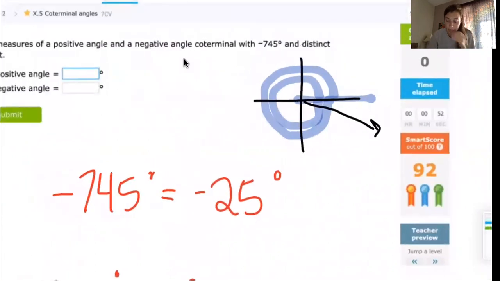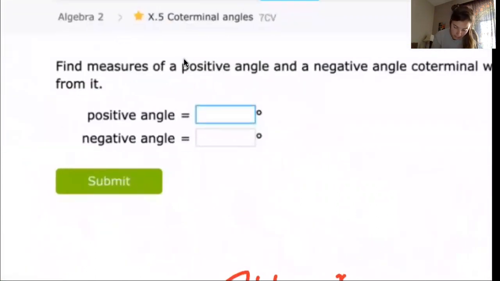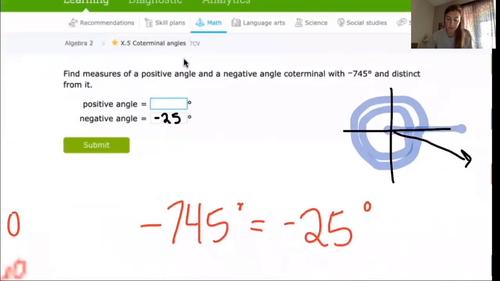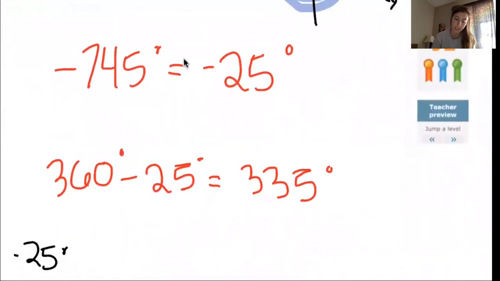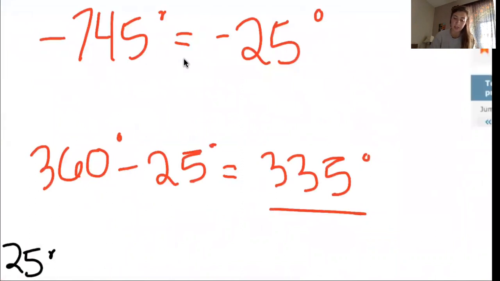So another way to express this would be, like I just said, negative 25 degrees. The positive way to express this, I'll write it in red, is I start here and then go all the way around the circle and end there. So it's going to be 360 degrees minus this 25, which gives you the rest of the angle. 360 minus 25 degrees equals 335.